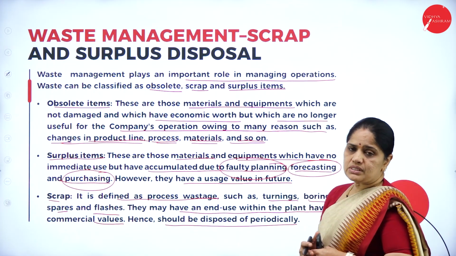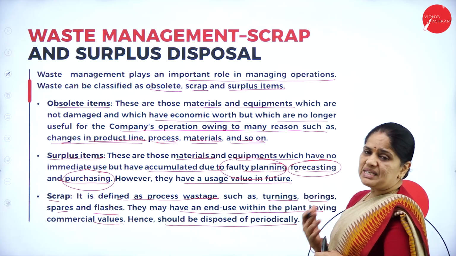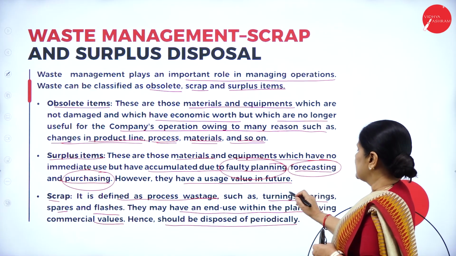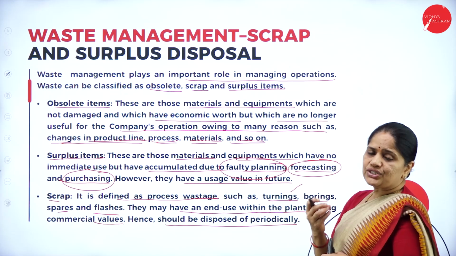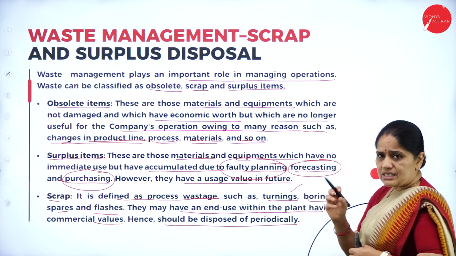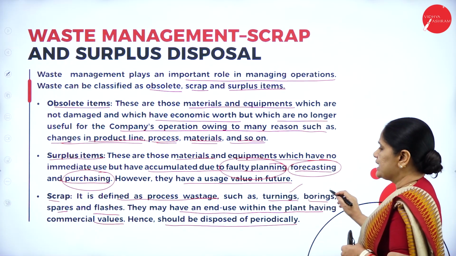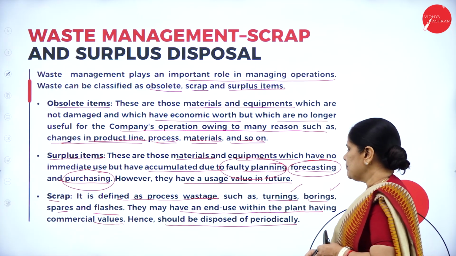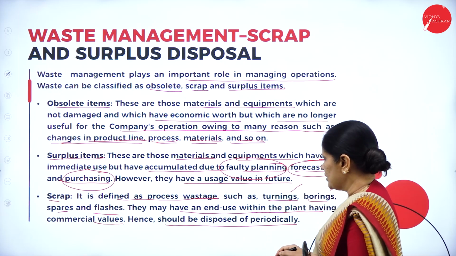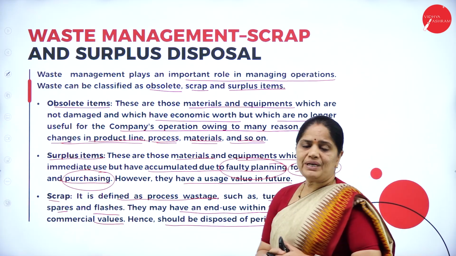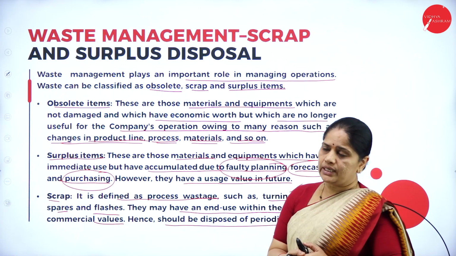During the process of manufacturing, there will be certain wastages. That is the turnings. When you are manufacturing the screws, the turnings of the screws, the borings, spares, flashes, they may have an end use within the plant having commercial values. They have to be disposed of periodically.